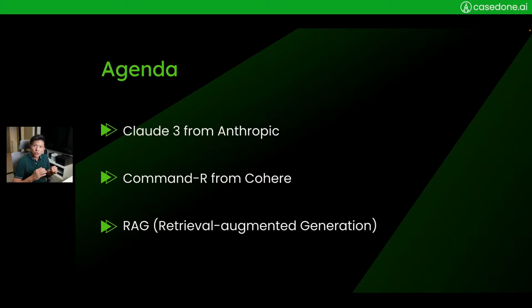And this will lead into a technique that I want to emphasize today, which is called RAG, retrieval augmented generation. This is going to be useful for companies or enterprises that are looking for building their own enterprise search, knowledge search.